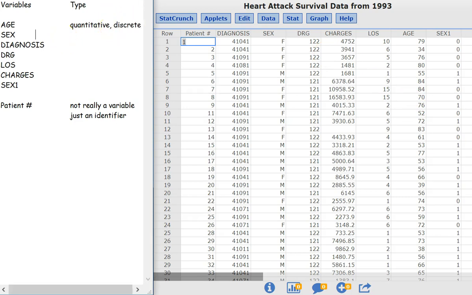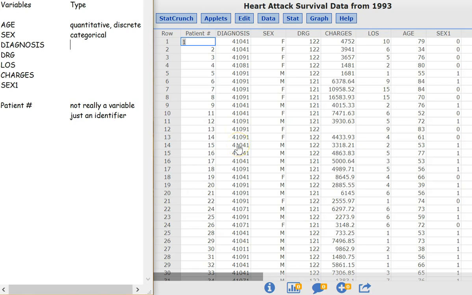Okay, then the next one is sex, and this is just coded as an F for female and an M for male. First of all, because it's not numbers, you can tell right away it's a categorical variable. Then for diagnosis, this one's a little bit tougher because it is given as numbers, but if you think about the meaning of these numbers, these are standing for specific diagnoses for the patients.